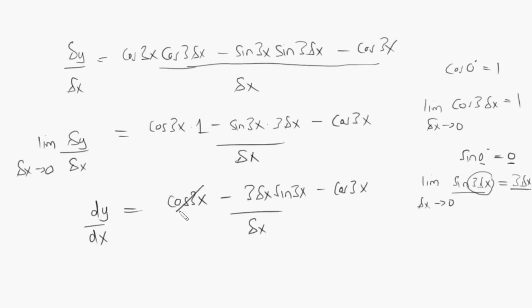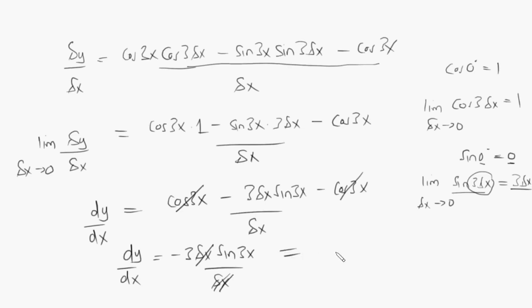We can simplify this further, so this, it goes down with this. So my dy now over dx is just going to be equal to negative 3 delta x sine of 3x over delta x. So this and this goes.